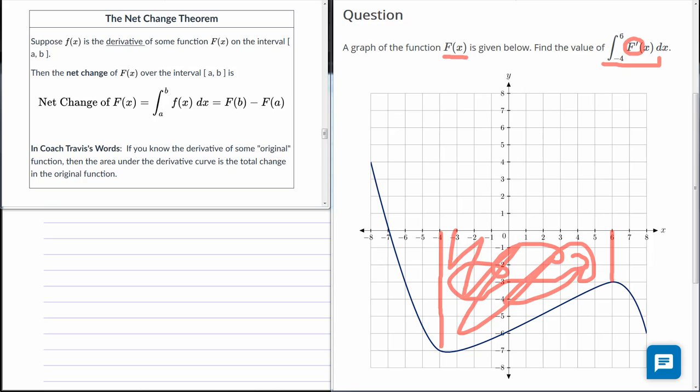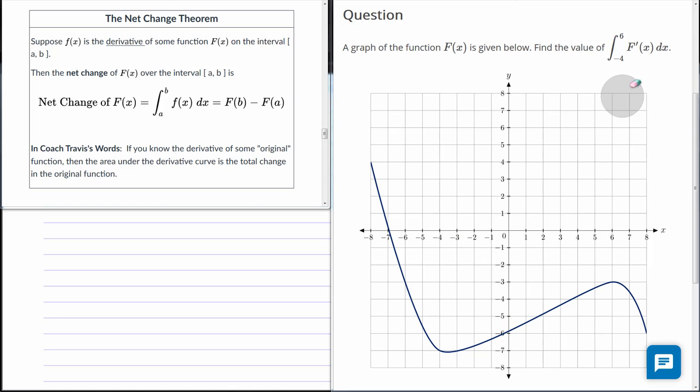So thinking about this as area would actually be the wrong way to do this problem, because you always have to be clear on what you are given and what you are trying to figure out. I could try to interpret this as area if I knew the graph of f prime. But the problem is I don't know the graph of f prime.